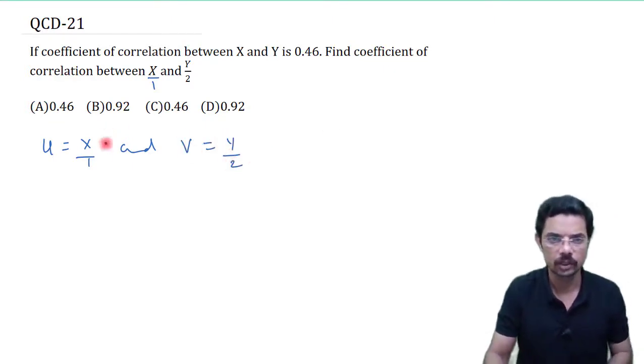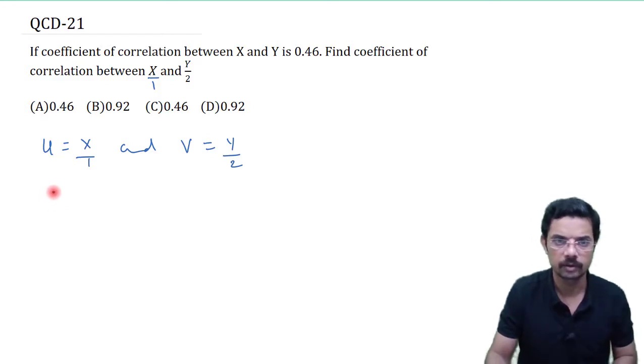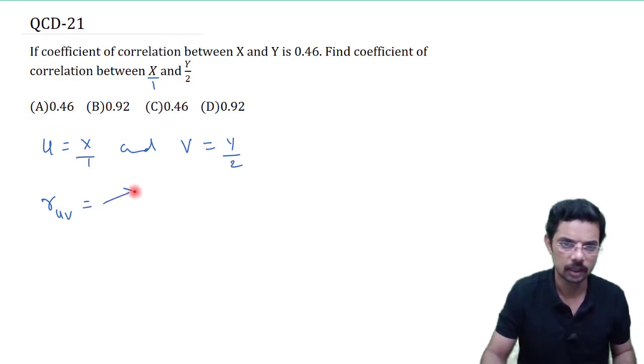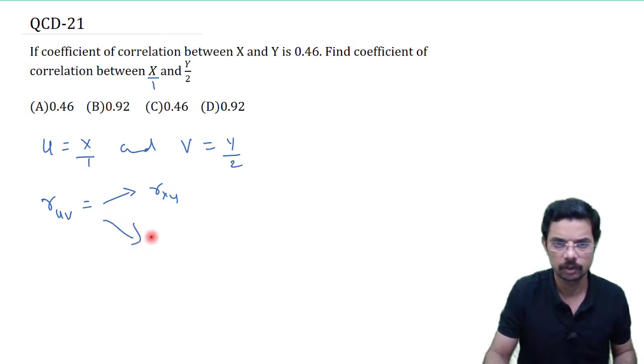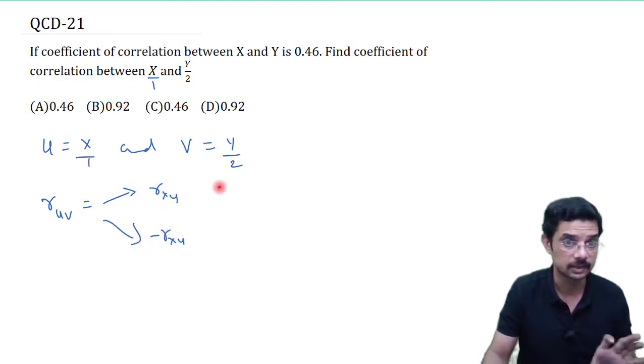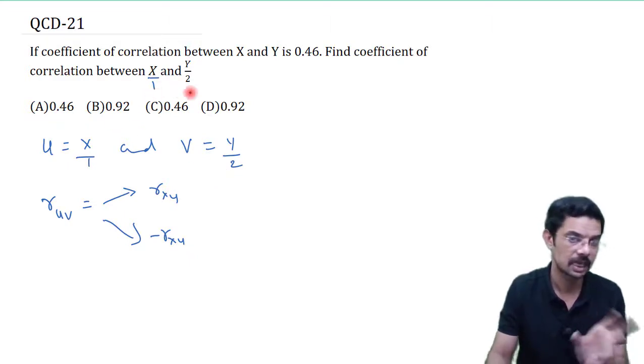We need to find the coefficient of correlation r of uv, and that will be equal to either r of xy or minus r of xy.